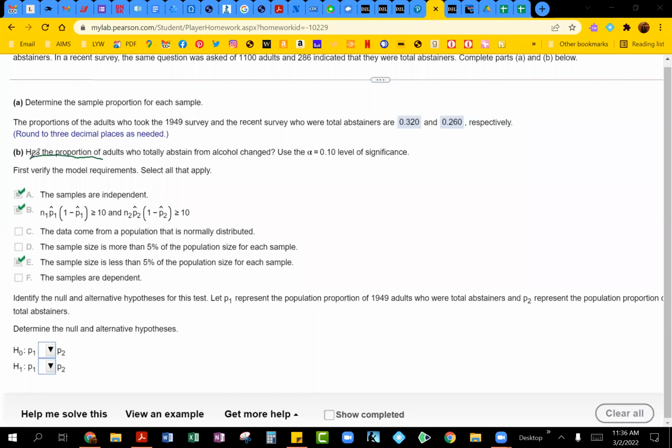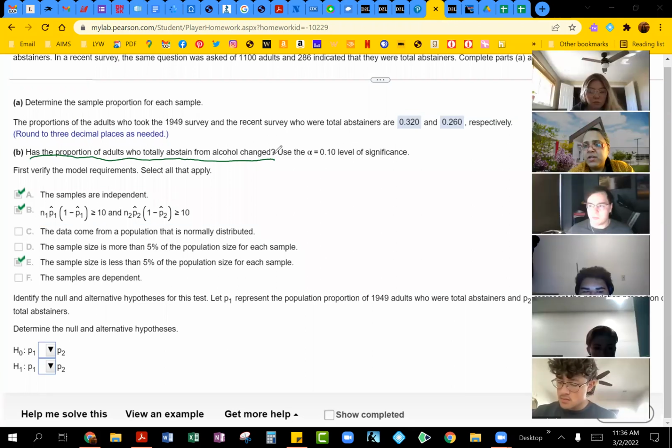They are saying, has the proportion of adults who totally abstain from alcohol changed? So when they're using that language, do we use not equal to, do we use greater than or less than? Which symbol do we use in our null and alternative hypotheses?